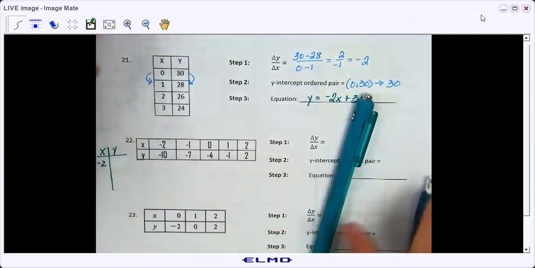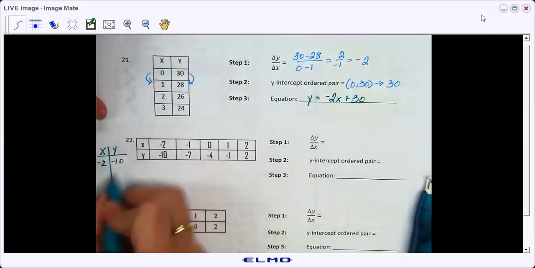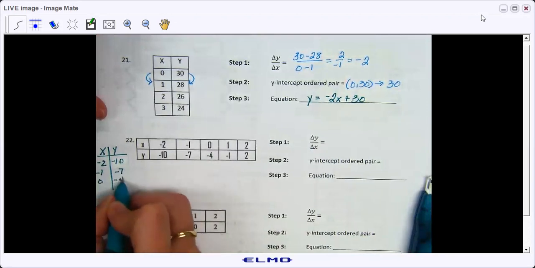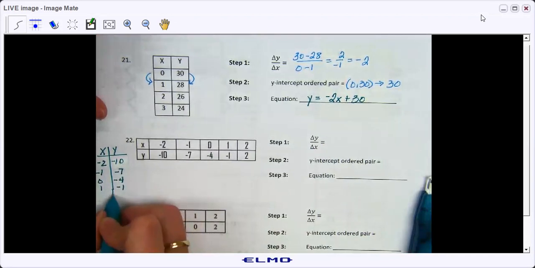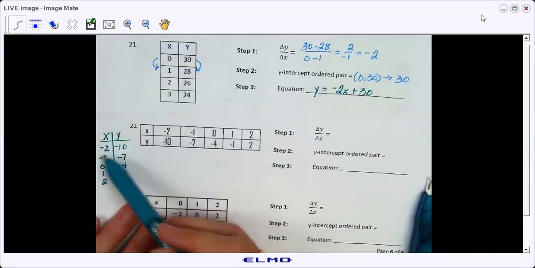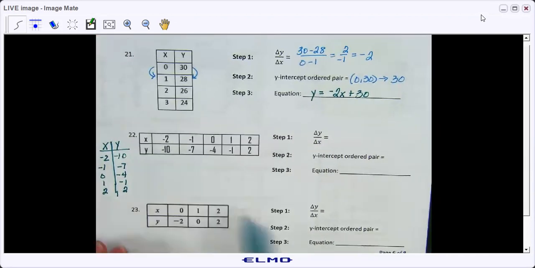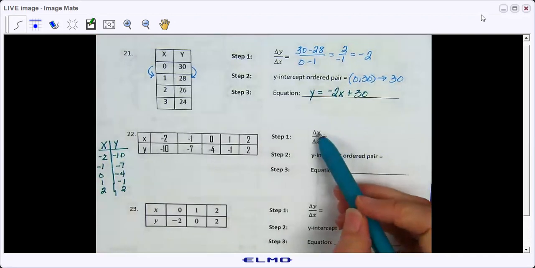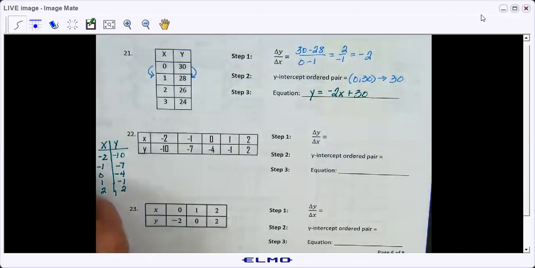So we have (-2, -10), (-1, -7), (0, -4), (1, -1), and (2, 2). Okay. If it's easier for you, do it this way. If it isn't, and you can work with horizontal tables, that's great. Okay, the first thing we need to do is find our change in y over our change in x. So go ahead and do that.